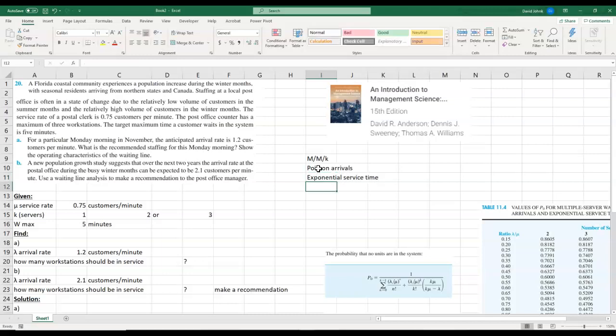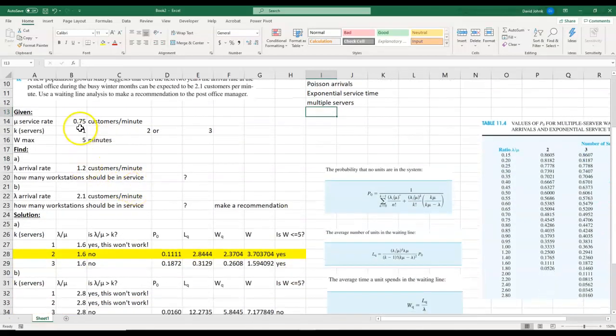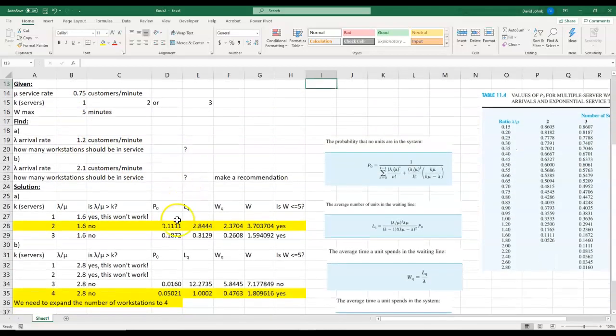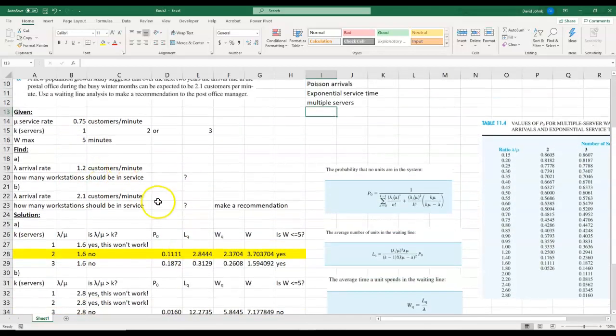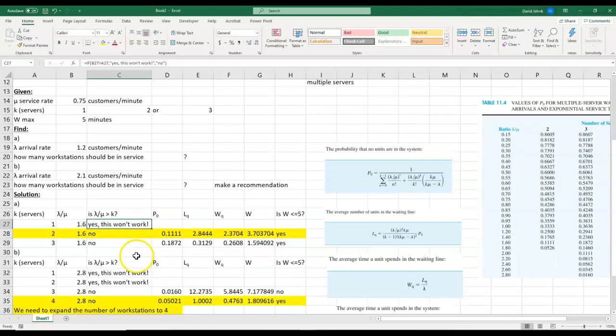And K is multiple servers. This model simplifies if you only have one. Actually, you could use this and if you put 1 in here, it still calculates it. But in this case, it won't, because of this problem here, where mu divided by lambda is greater than K.